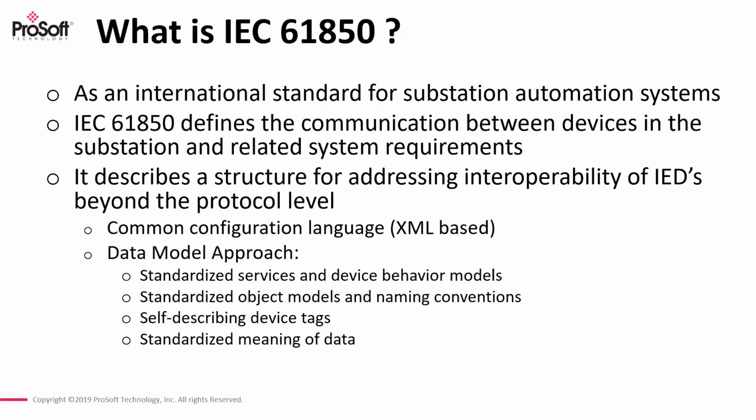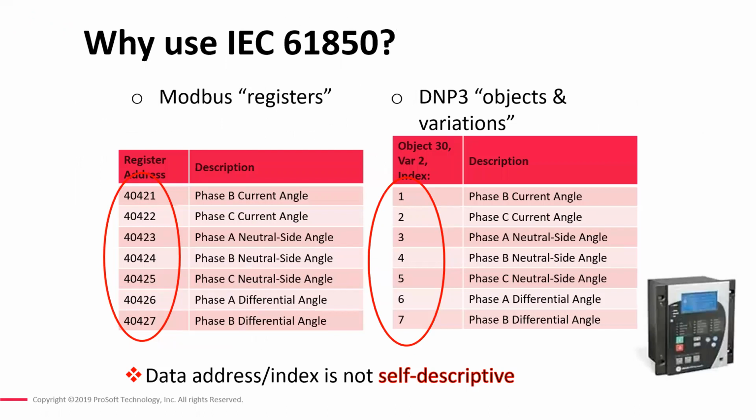So they decided that they wanted to take advantage of that bandwidth to really address some of the issues that they had seen in the implementation of other networks. So when we look at one of the reasons why to use IEC 61850, like I mentioned, with something like a Modbus device, you basically had to set up registers for 40,421, and that represented a phase B current angle.